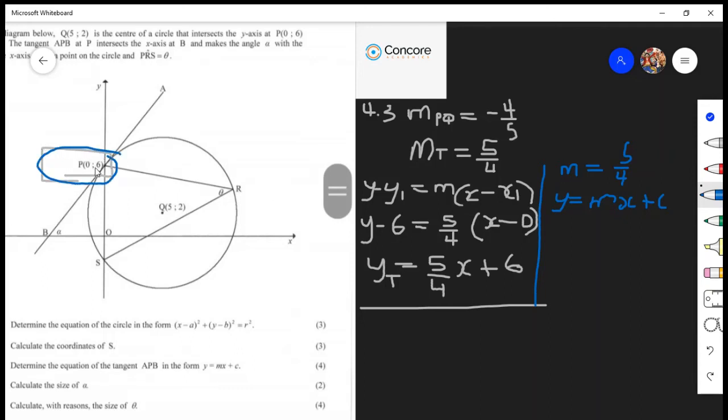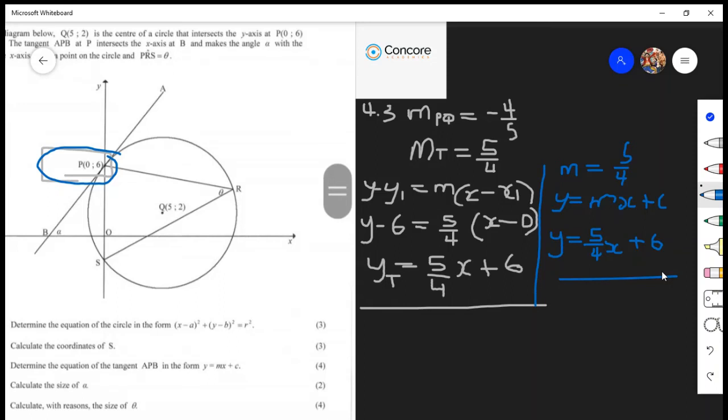So all you can do here is just say y is equal to 5/4 x plus your y-intercept, which is 6. This way is a bit shorter and quicker, but you can't really use this all the time because they don't always give you your y-intercept.